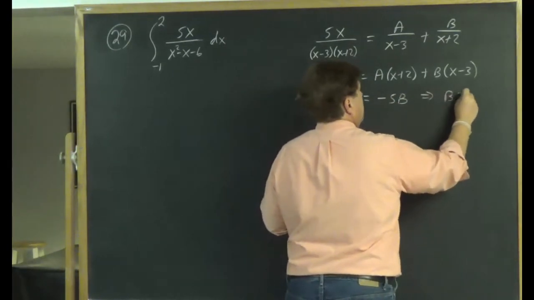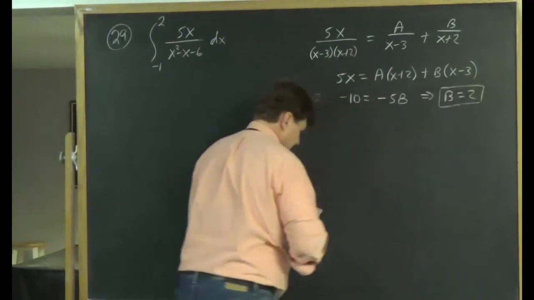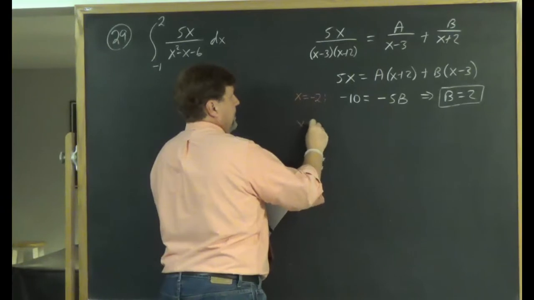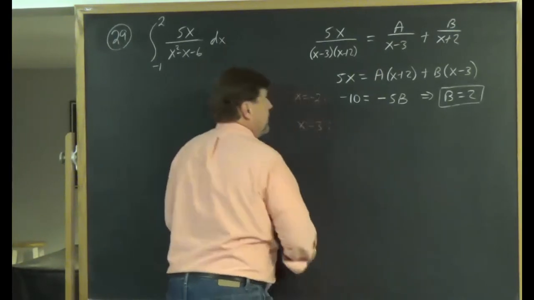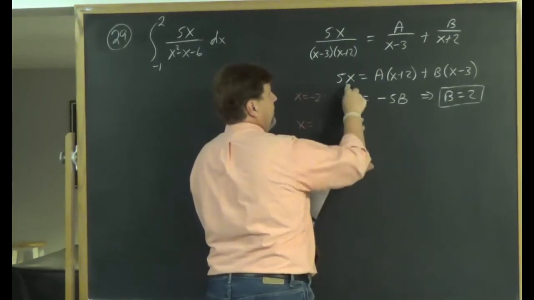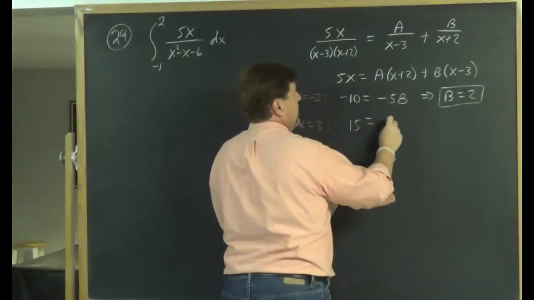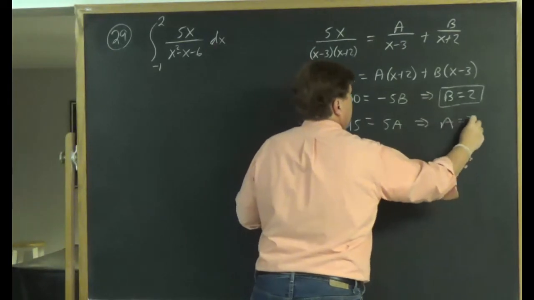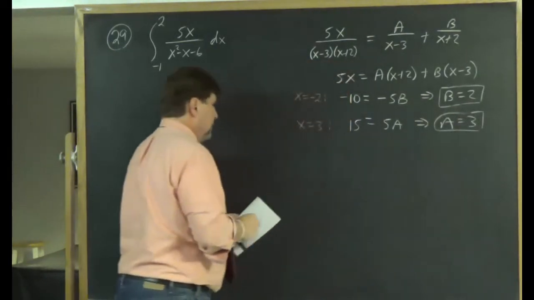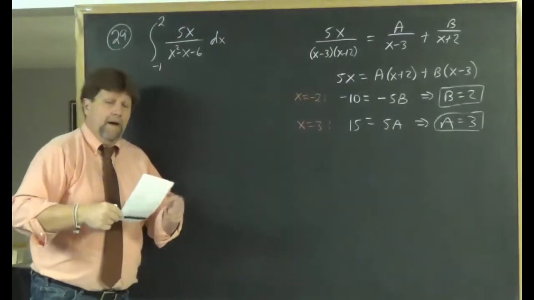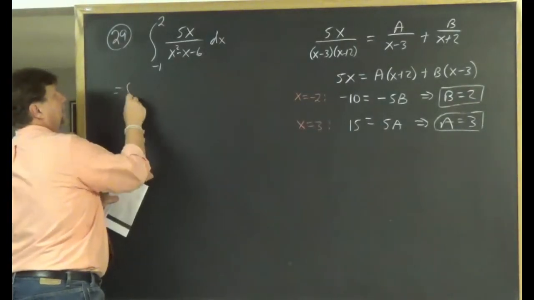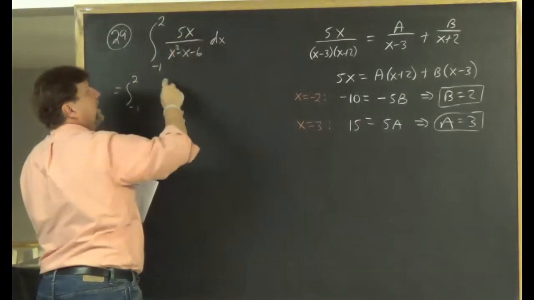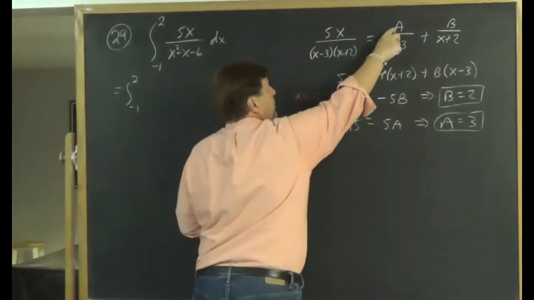So that tells me b is 2. The next convenient value I would pick is x equals 3. So I get 15 equals 5a plus 0. So a equals 3.